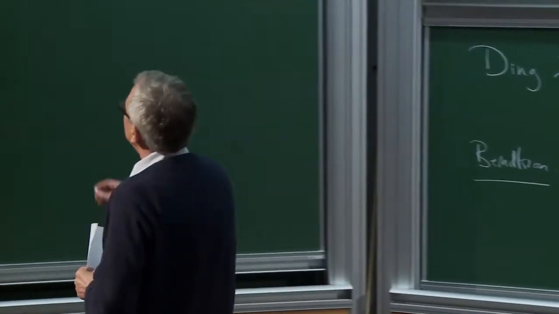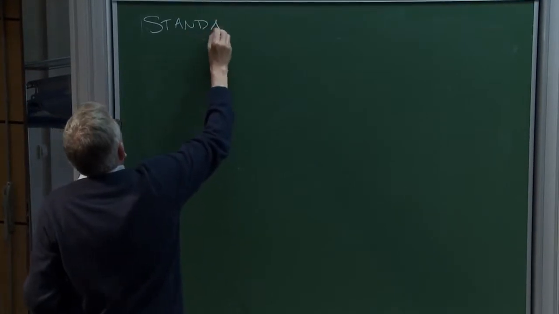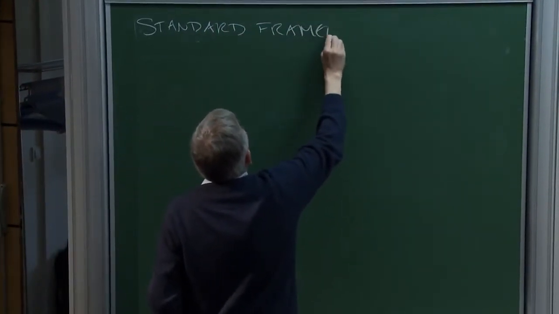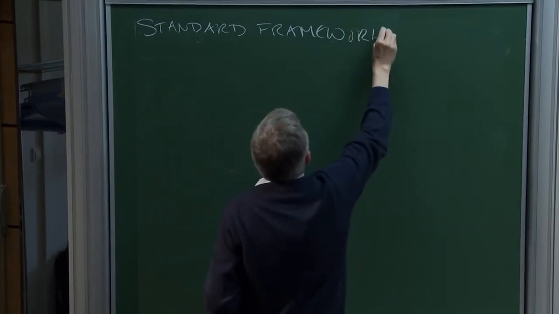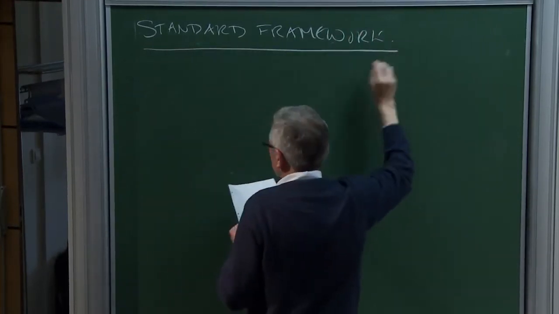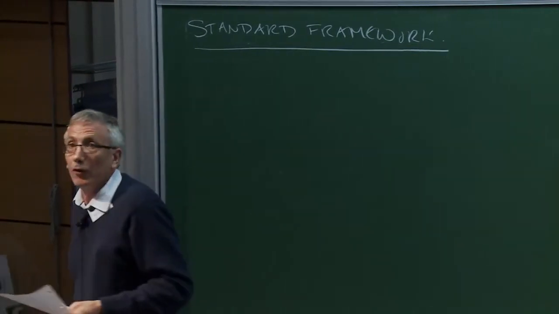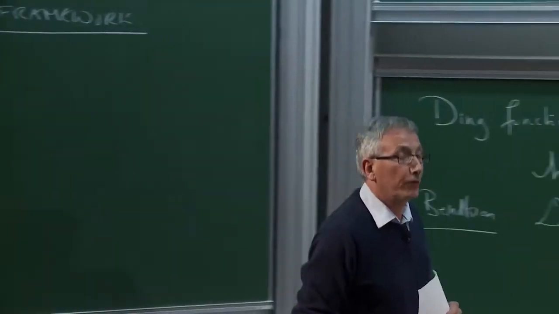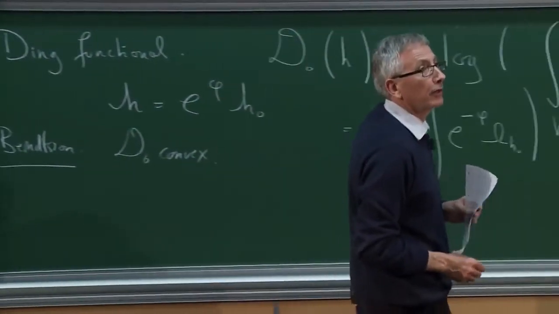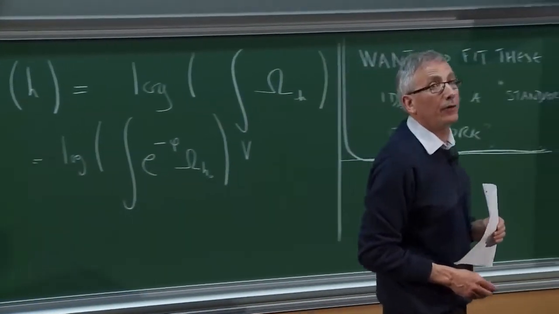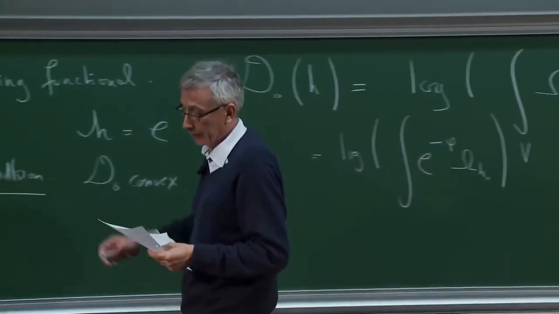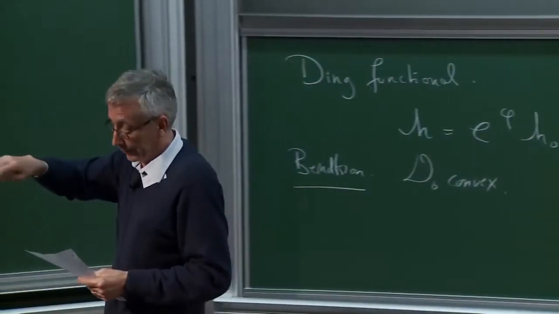Standard framework. So what I mean here is we want to consider the standard framework with respect to a group acting on a Kähler manifold, preserving all the structure, both the complex structure and the symplectic structure.